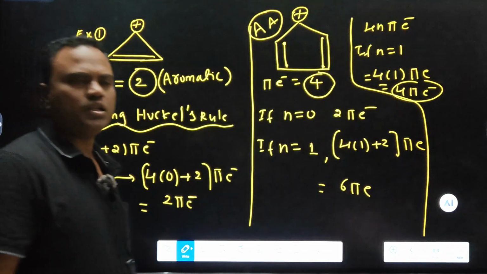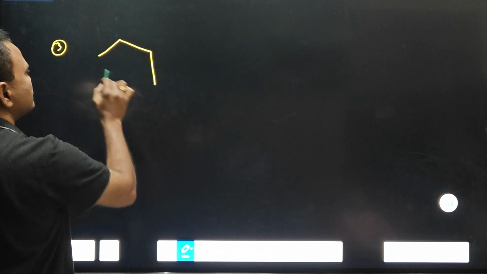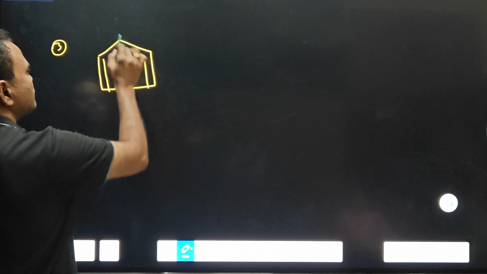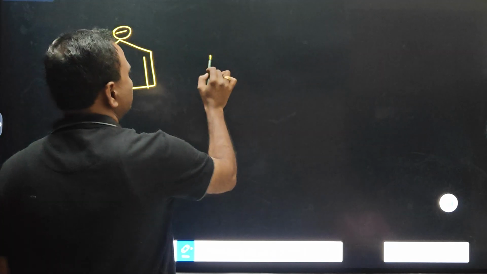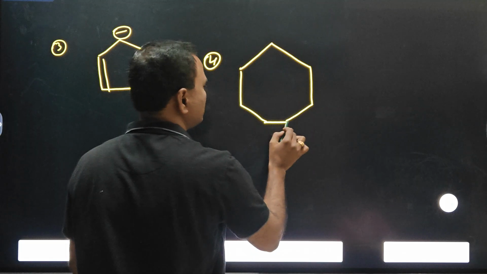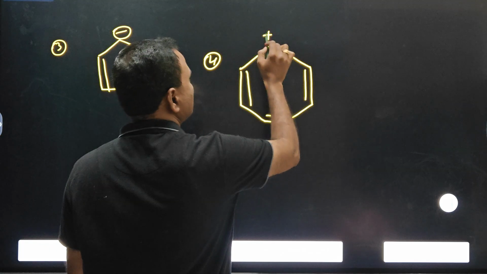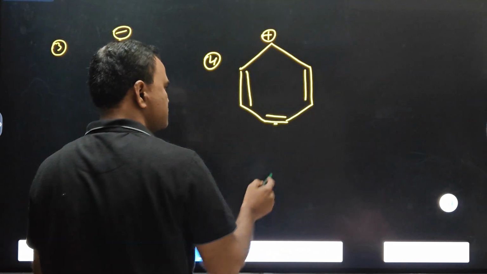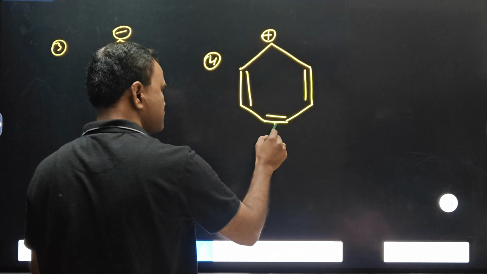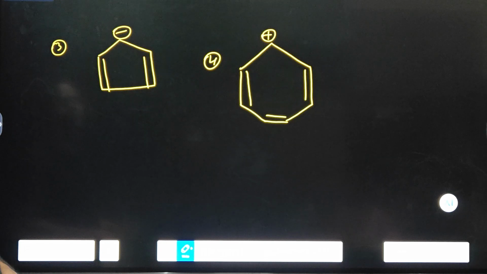Let us take another example. In 3 and 4, check which is aromatic and which is anti-aromatic.